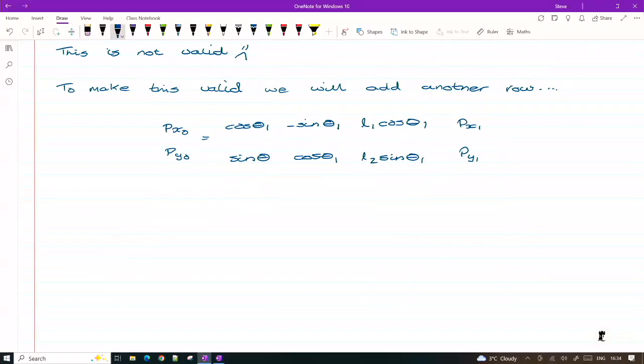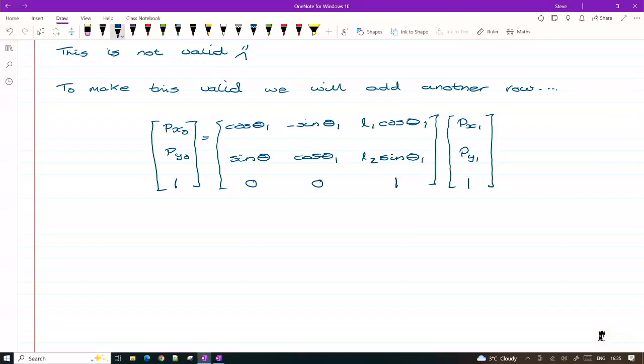So what we're going to do, we're going to look at that matrix formulation. We're going to add another row that, whilst changing its appearance, will not change our intended result.